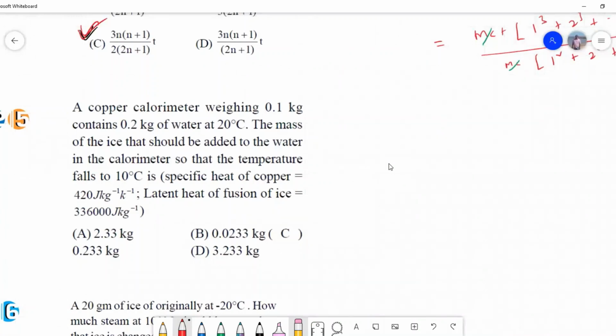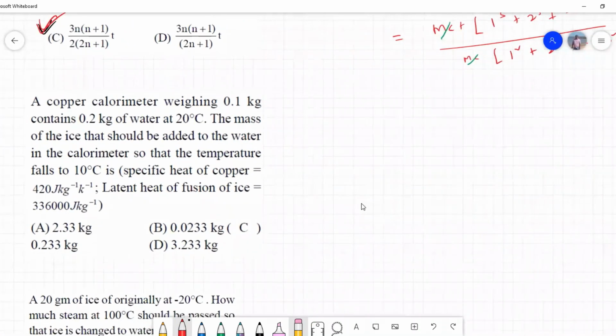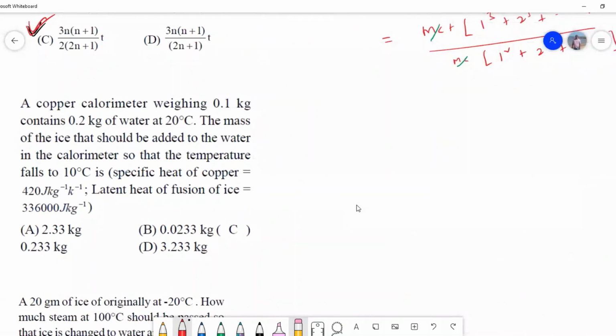A copper calorimeter weighing 0.1 kg. So always I said picture the problem. Draw the diagram, you never go wrong. A copper calorimeter weighing 0.1 kg, so here the weight is 0.1 kg, contains 0.2 kg of water.